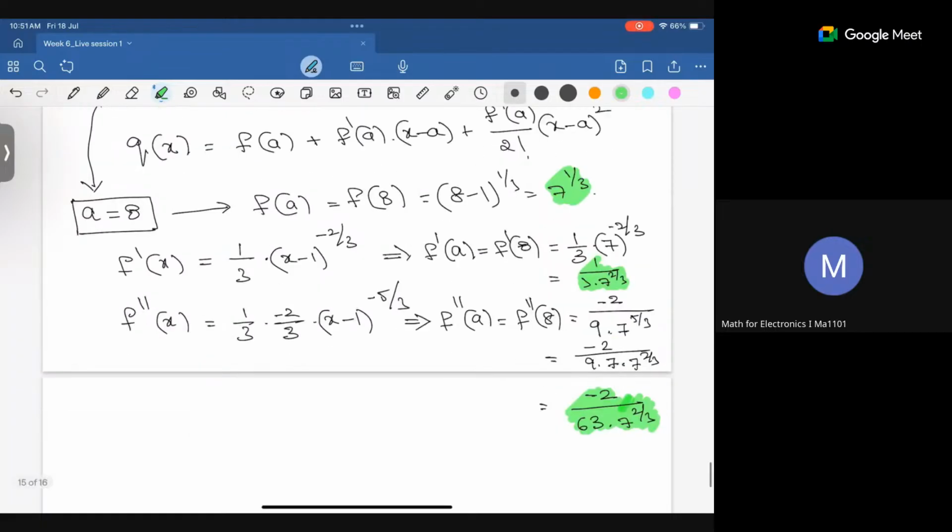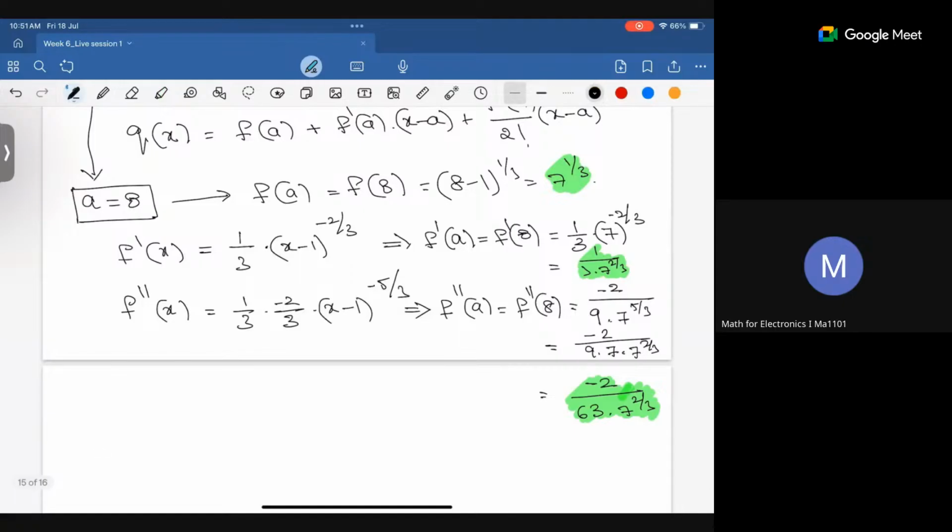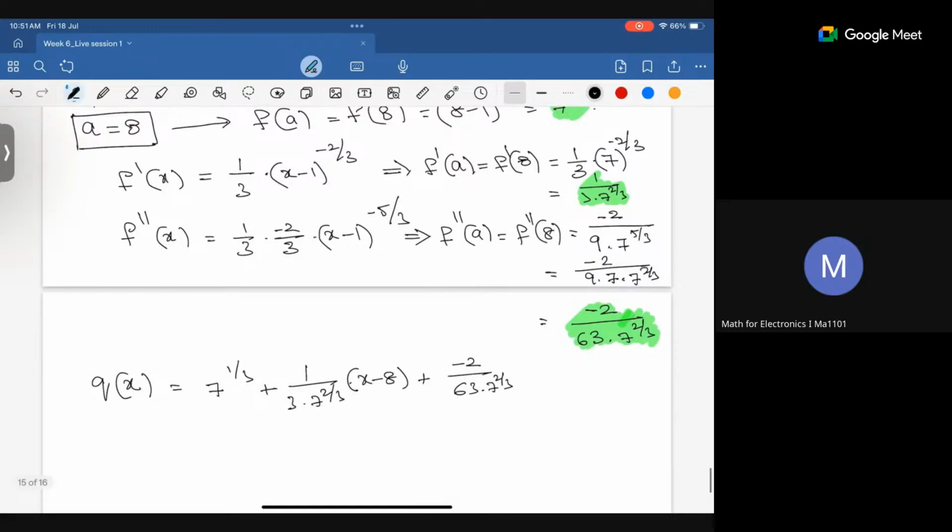Okay, so let's substitute, and then we'll get the quadratic approximation to be 7 power 1 by 3 plus 1 by 3 into 7 power 2 by 3 into x minus a, which is x minus 8, plus minus 2 by 63 into 7 power 2 by 3. Right, so that is f double prime of a divided by 2 factorial into x minus 8 whole square.